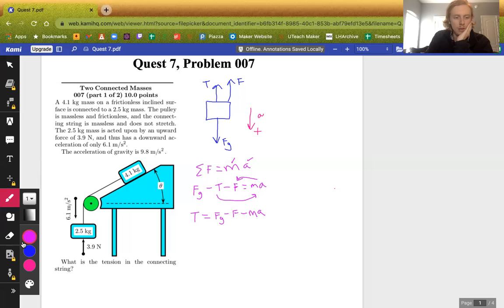Let me start to plug in numbers. The tension is equal to the force of gravity, which is mg, the mass of the object times the acceleration due to gravity.